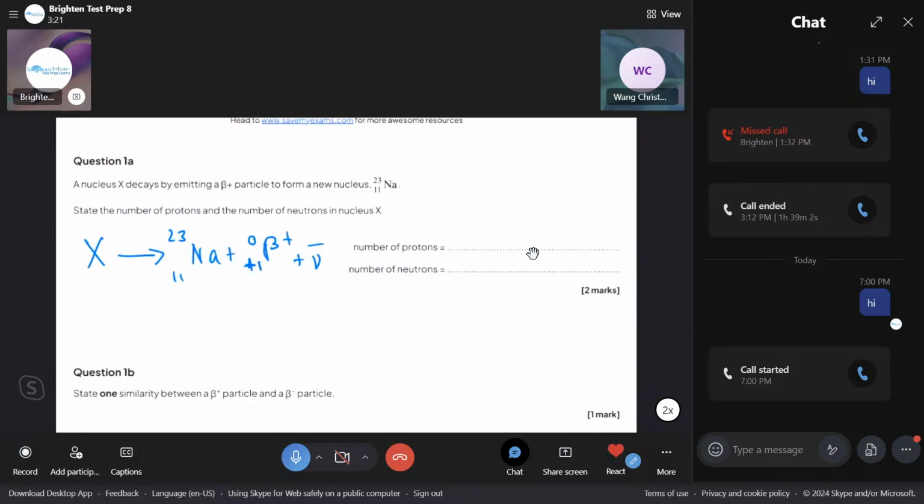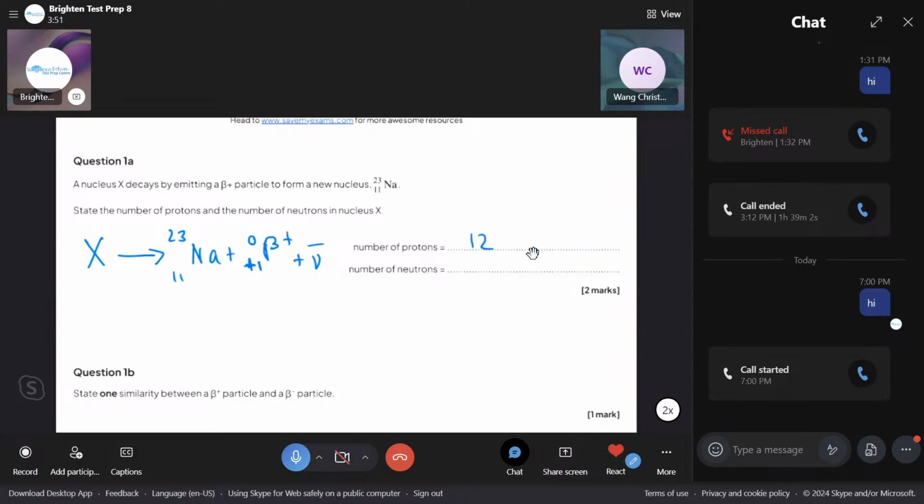So how many protons do we have in nucleus X? Before, it is 12. So we want to know the number of protons and neutrons. In other words, we want to know what element or what atom it is, going backwards, so to speak. Should be 12. 12, okay.